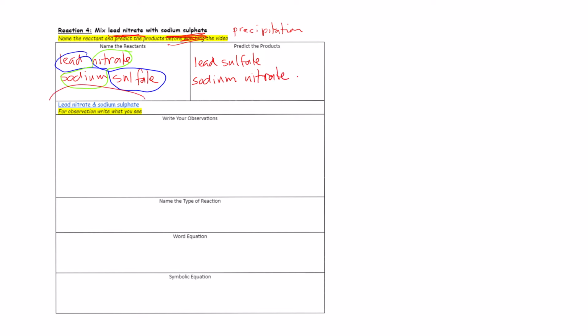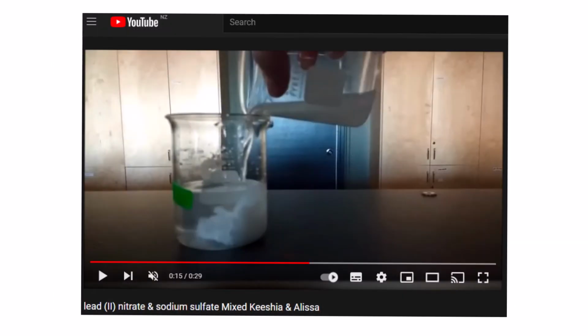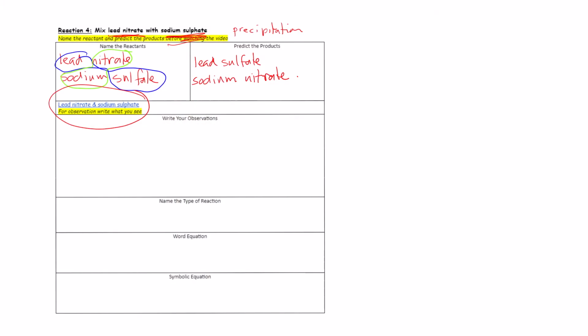So then again, let's look at the video. Here's our video, and we'll see that we started out with a clear solution of sodium sulfate, and a kind of milky whitish lead nitrate. So let's describe what happened.